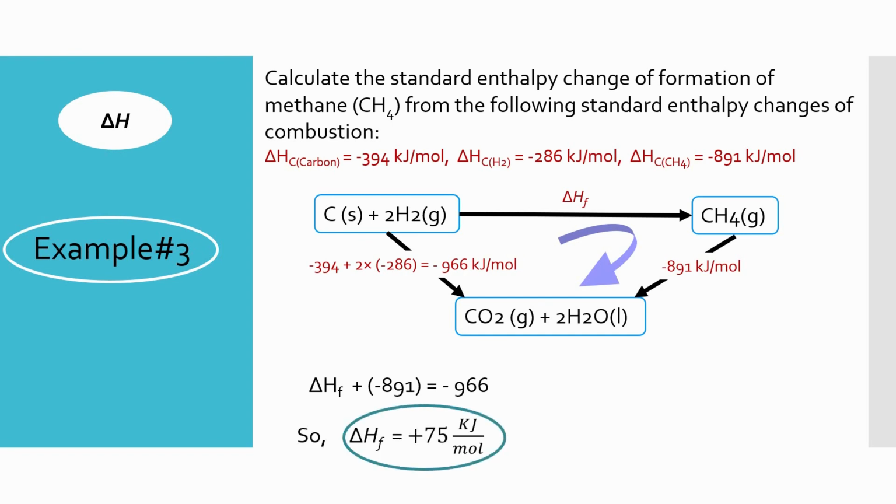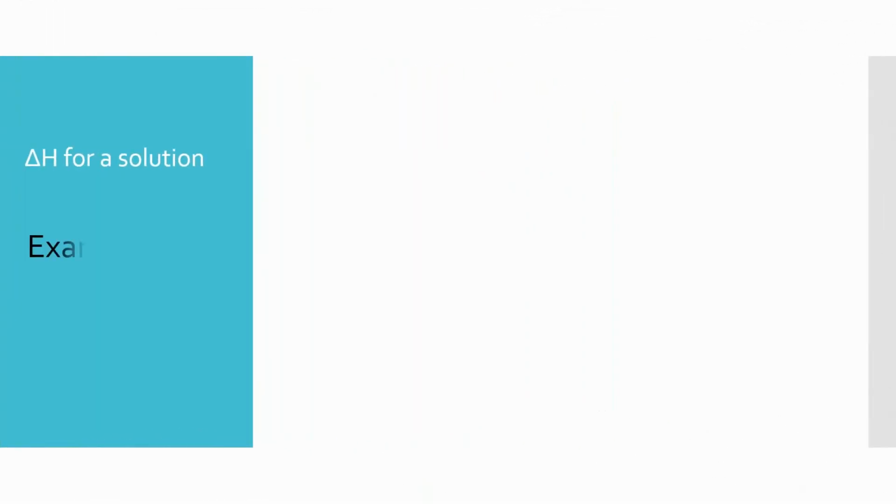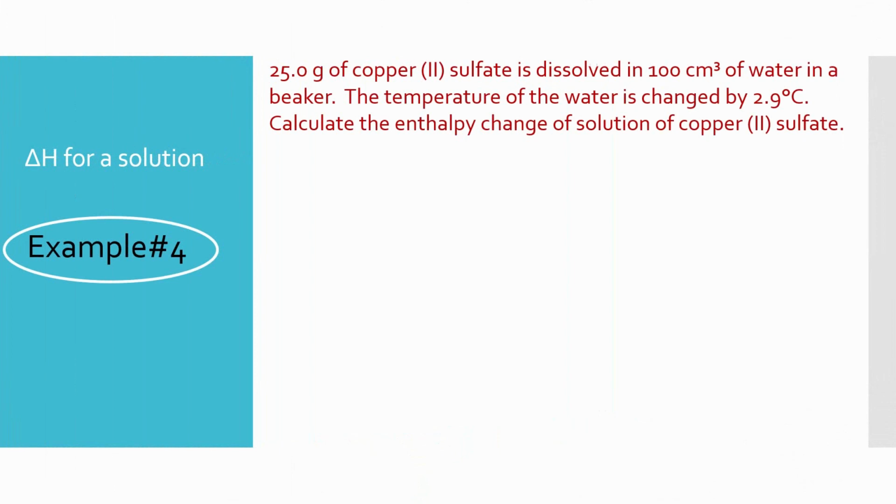I'm giving you another example for enthalpy change calculation for a solution, but there is no Hess's Law here. For this case, 25 gram of copper sulfate is dissolved in 100 cm3 water and the temperature changes by 2.9. First I want to calculate the heat change. Q is equal to mc delta theta. Here m is 100 cm3 water, c is the specific heat capacity 4.2, and the temperature change is 2.9.